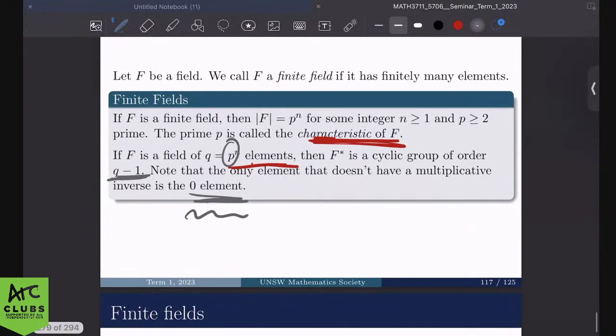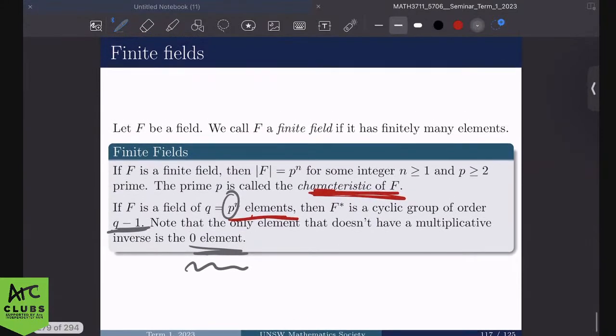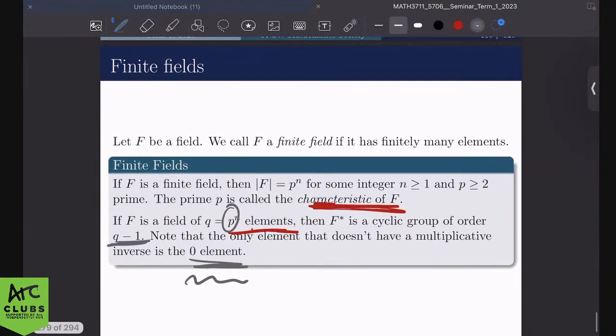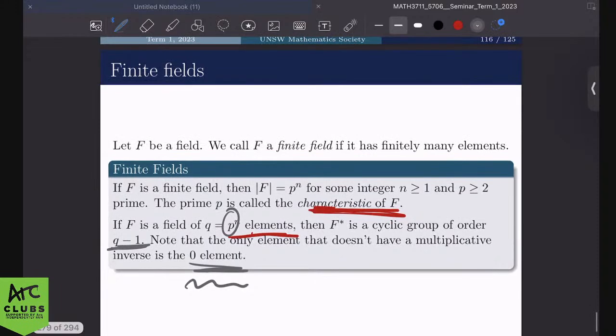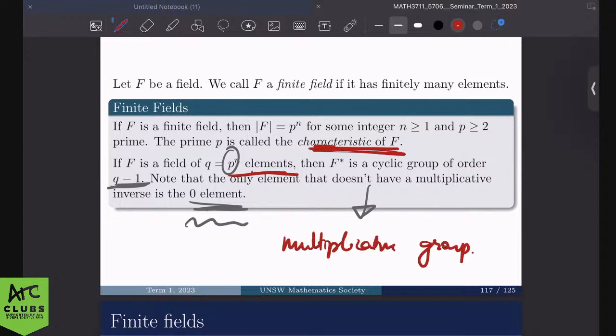Sorry, my bad. Yeah, that's correct. Right, so you exclude 0 from the group, and then the remaining multiplicative group is a cyclic group of order q minus 1. Okay.